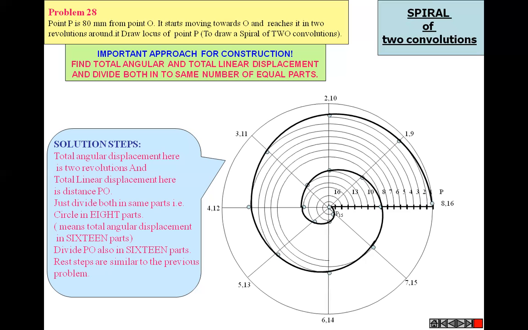Knowing how to draw the two convolutions of the spiral is very important. If 1.5 convolutions are required, then divide the radius into 12 parts if the circle is divided into 8 parts. This is very important. Give the naming to each and every point.